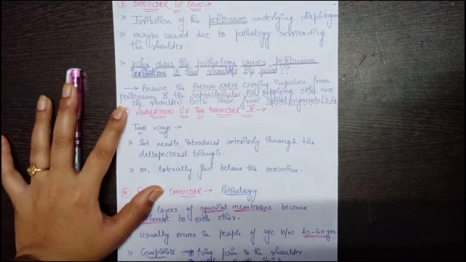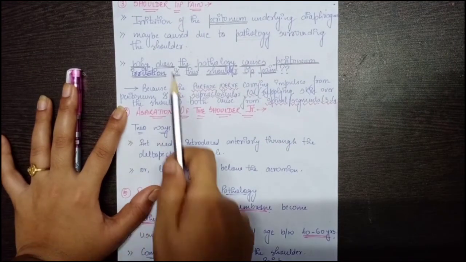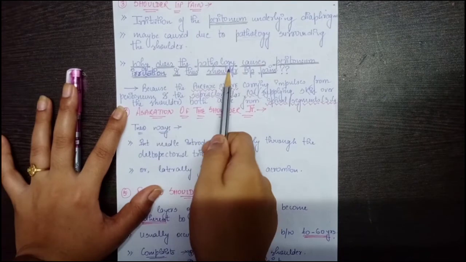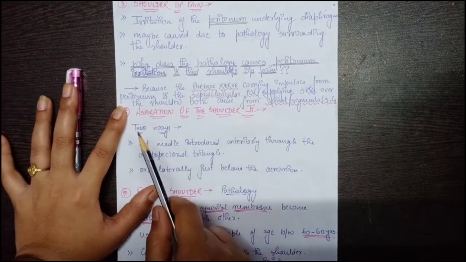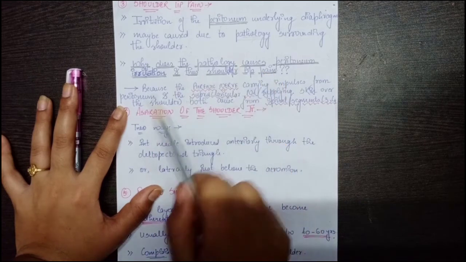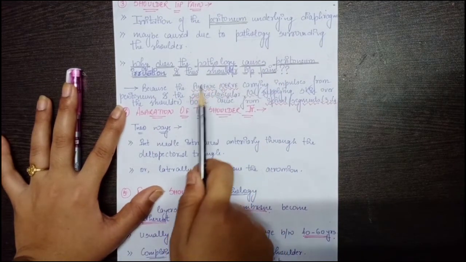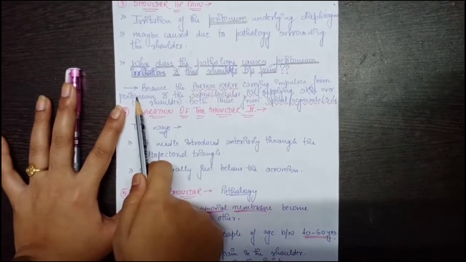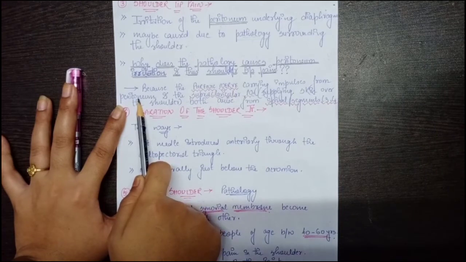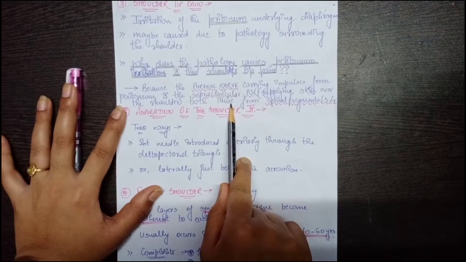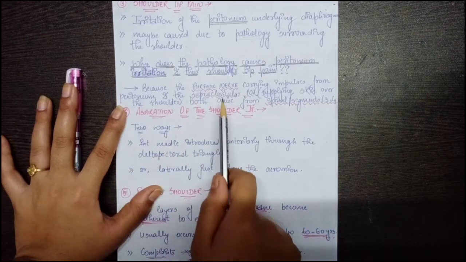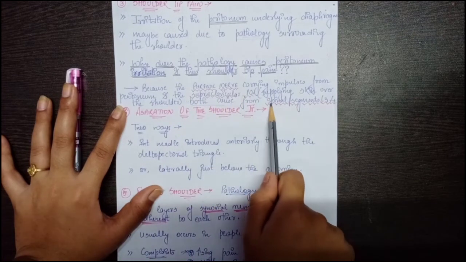Now, the basic question that comes here is, why does the pathology in the peritoneum cause shoulder tip pain? How can it cause shoulder tip pain? Because the phrenic nerve, which carries impulses from the peritoneum, and the supraclavicular nerve, which carries impulses from the skin over the shoulder, are both arising from the same spinal segment.